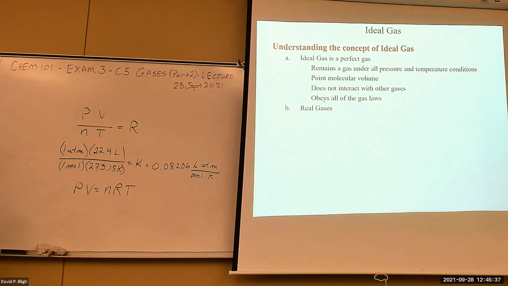A point has no dimensions. No height, no width, no depth. It's just a point. So when we say point volume, we mean those molecules don't have any volume. It doesn't interact with other gases. They don't attract, they don't repel. And of course, it has to obey all gas laws.